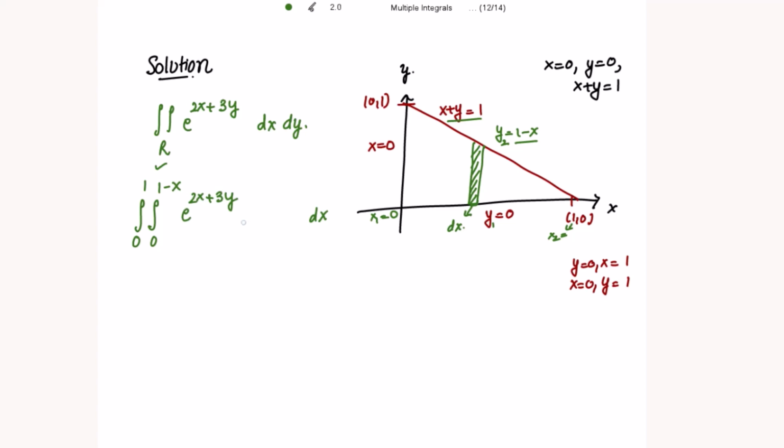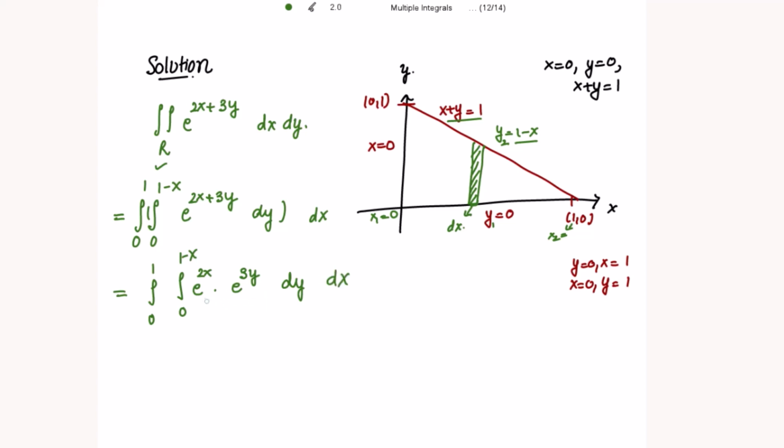Okay. So now integrating, I have to write dx outside, so dy inside. So this is equal to the integral from 0 to 1. Now integrating with respect to y, can I write this as e to the power 2x into e to the power 3y, from 0 to 1 minus x? Yes.